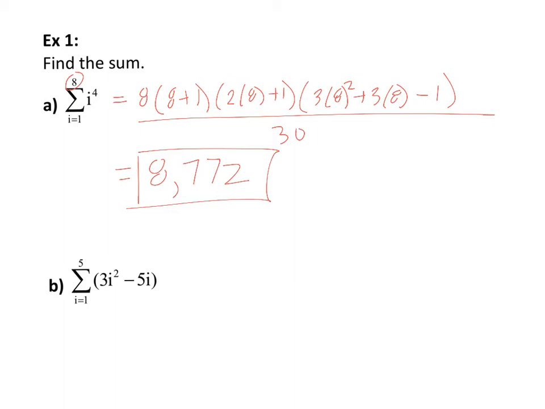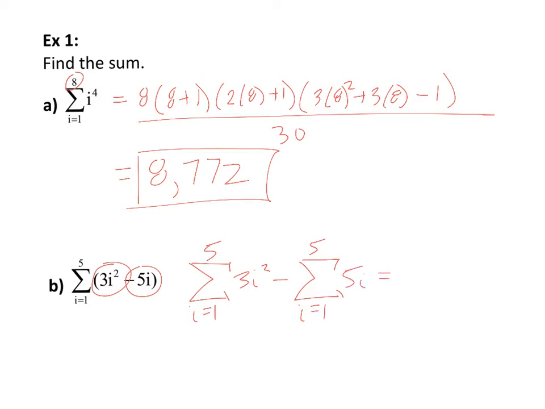For part B, notice that we have this difference here. I'm going to break it up into two parts. I have the sum from i equals 1 to 5 of 3i squared minus the sum from i equals 1 to 5 of 5i.